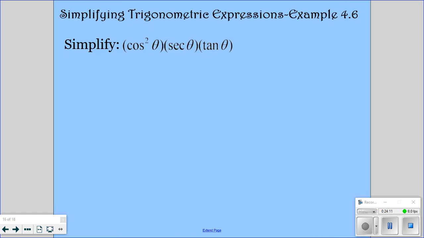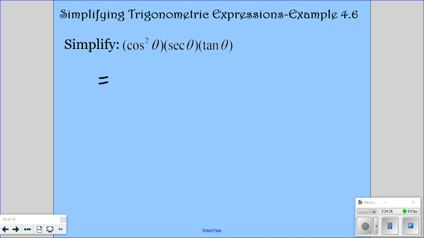Okay, so now we're going to look at simplifying trig expressions. You may have done this last year. You may not. All you're doing is trying to turn it into as simple of an expression as you can. So what I recommend doing is starting by taking anything and turning it into terms of sine and cosine. So our first term is cosine squared.